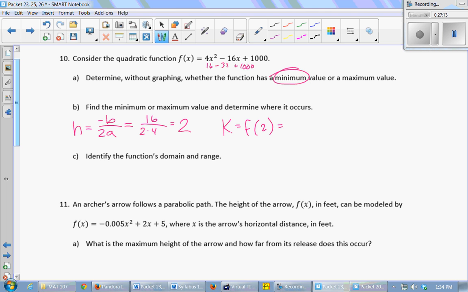So that's going to be 984. So this is the minimum value, and this is its location. So you have a minimum value of 984. It happens when x equals 2.